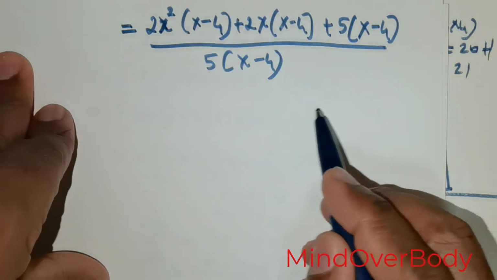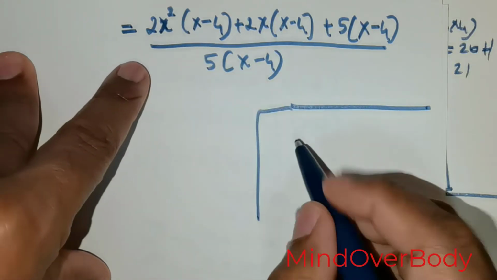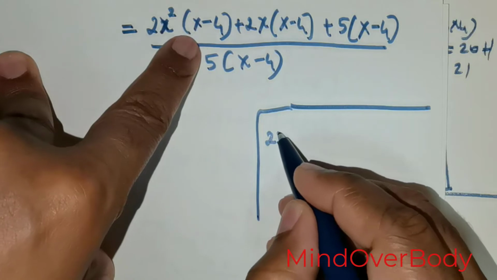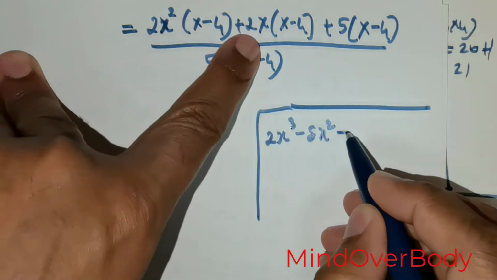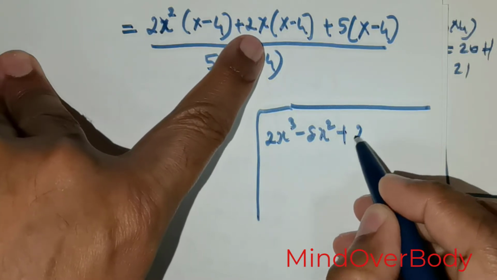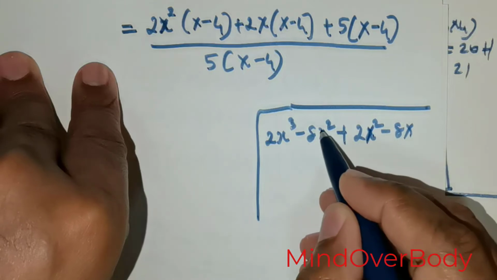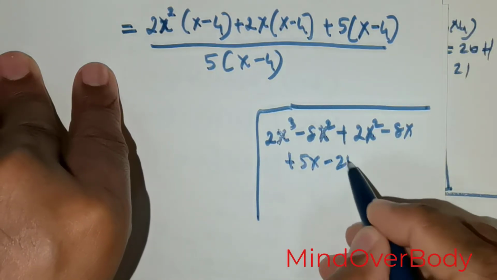Just to show that to you, if I multiply 2x² times (x − 4), this gives 2x³ − 8x². Then 2(x − 4) gives positive 2x − 8, and 5(x − 4) gives 5x − 20.